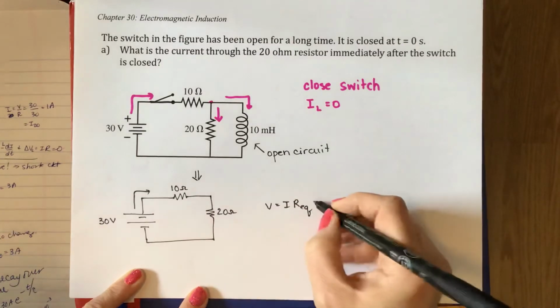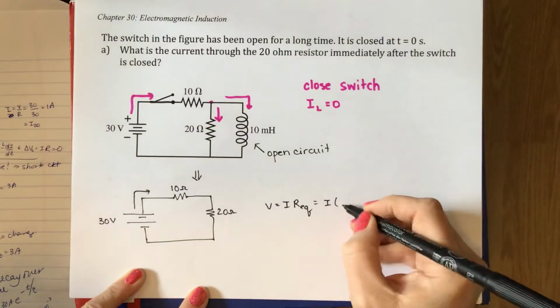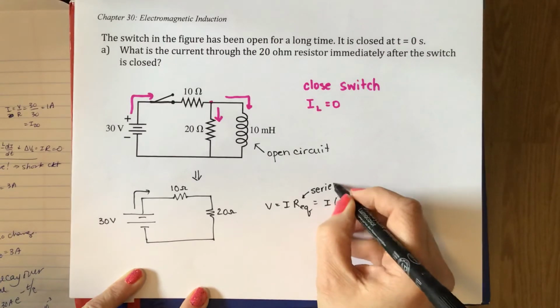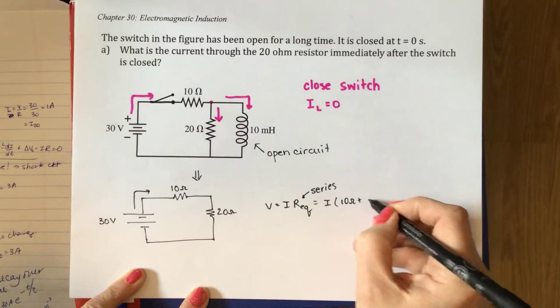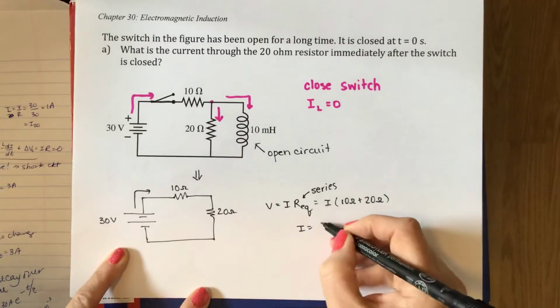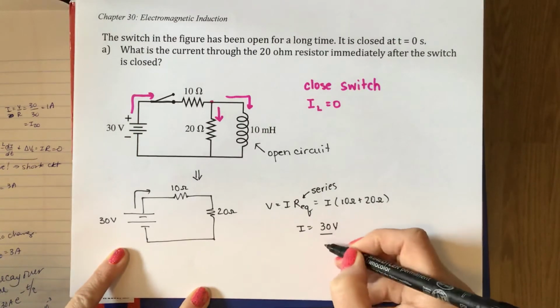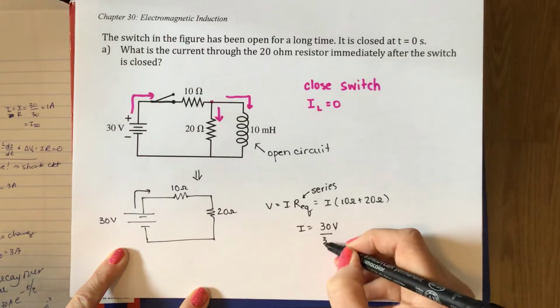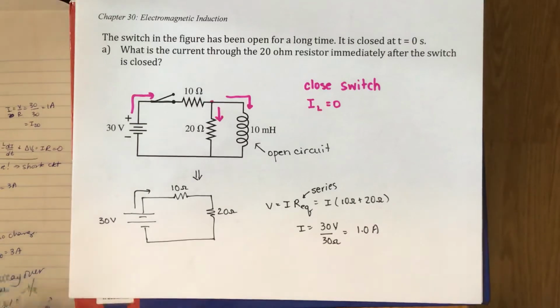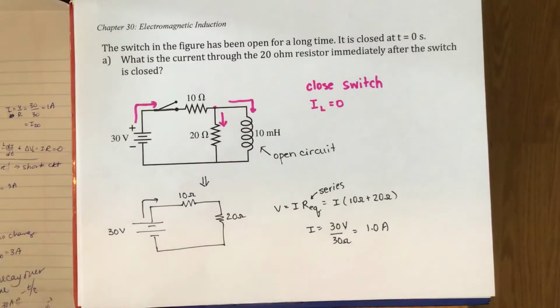Our equivalent is the two resistances added together because they're in series. So 10 ohms plus 20 ohms. Our current then is our potential, 30 volts over 30 ohms, to give us 1 amp. So the current through the 20 ohm resistor immediately after the switch is closed is 1 amp.